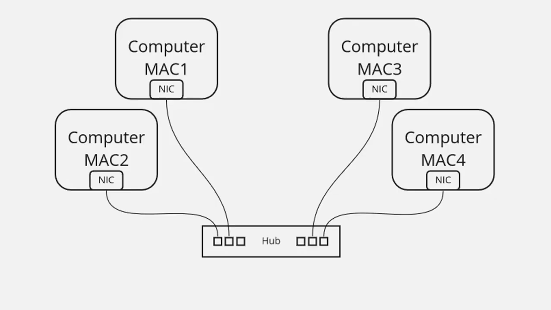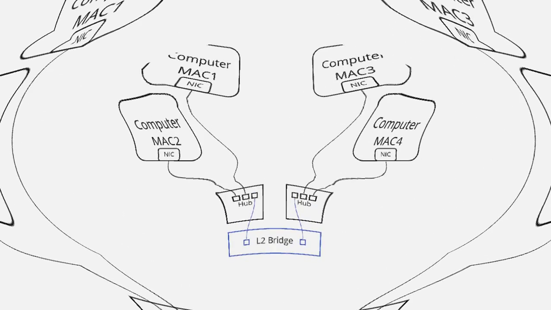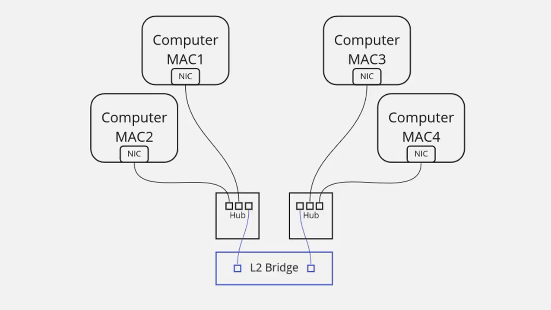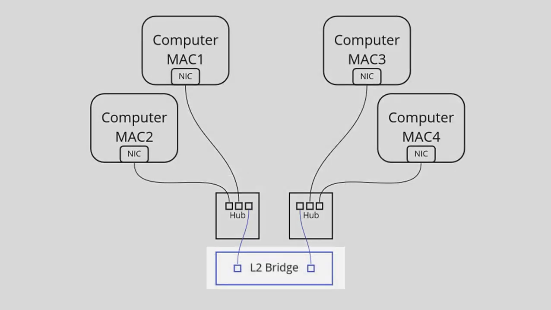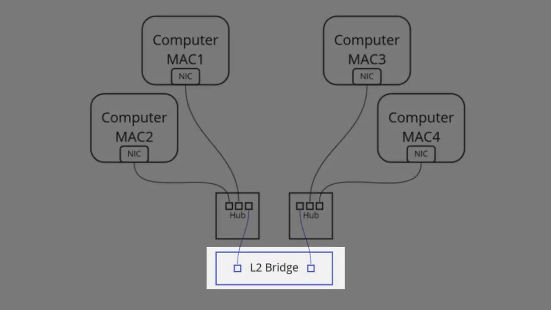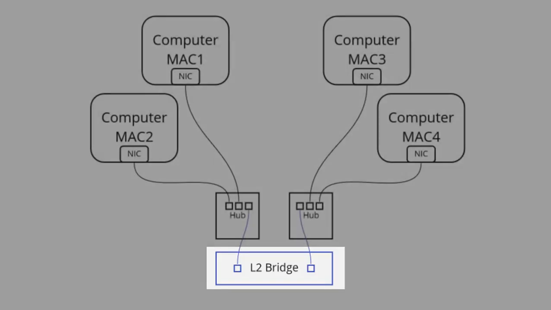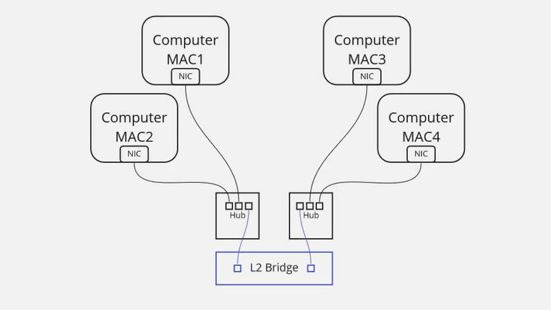To combat this, one of the early technologies that came out and improved this situation was something called a bridge. Now we've altered our diagram a little bit. We have two hubs, and both of the hubs are connected to this layer 2 bridge. The layer 2 bridge has a MAC address table, and it is more intelligent than the hub.